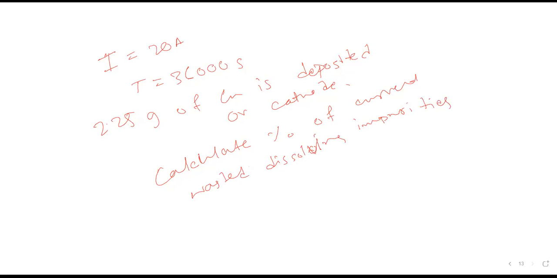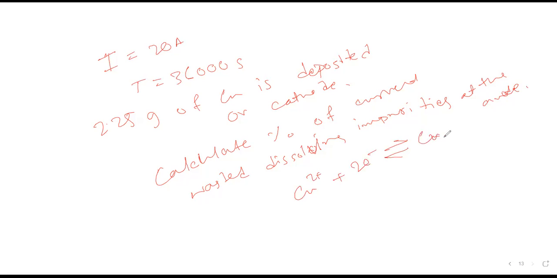Okay, so we are calculating the percentage of current wasted dissolving impurities at the anode, because at the anode they are being dissolved. Now this is the copper equation which is taking place at the cathode.